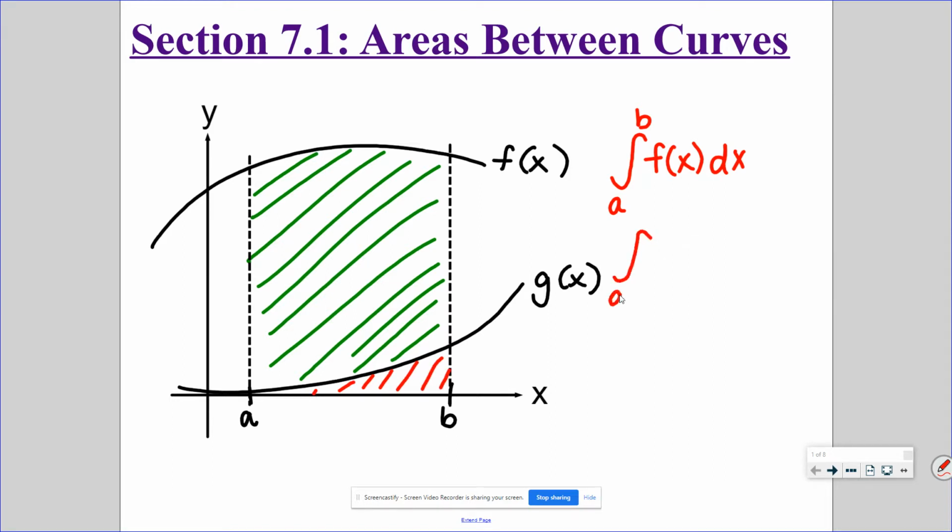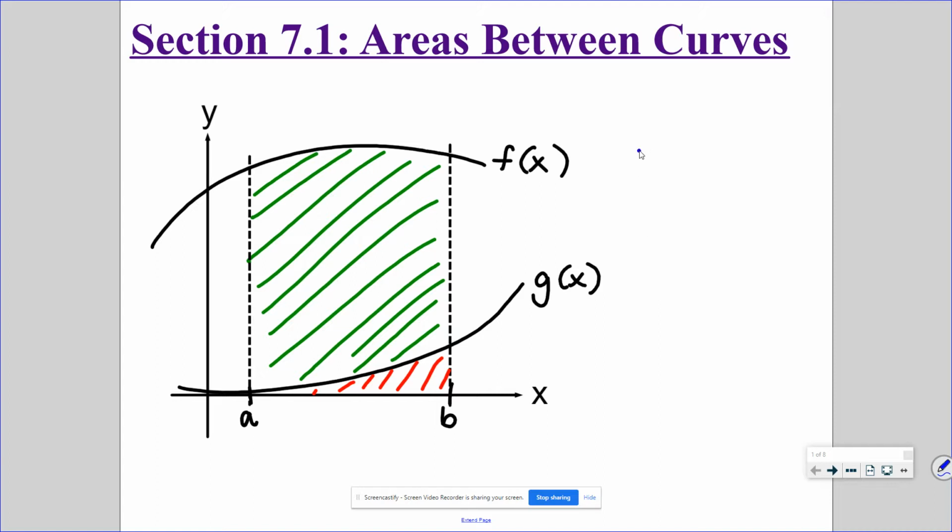If I were to take the antiderivative from a to b for g of x, that would give me the area under this curve down here, these red lines that I just drew. So geometrically, if I wanted to just find the area that goes between these two curves, all we would have to do is take the area under f and subtract the area under g, and you would have your solution.